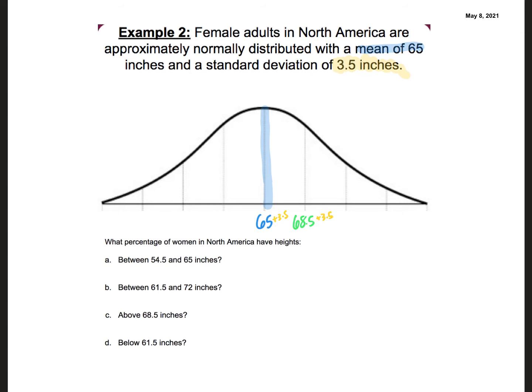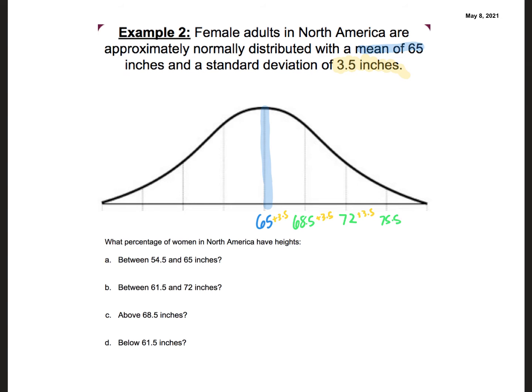That's probably not right. 72. All right, is my next height. And then we'll add 3.5 one last time, and that gives me 75.5.